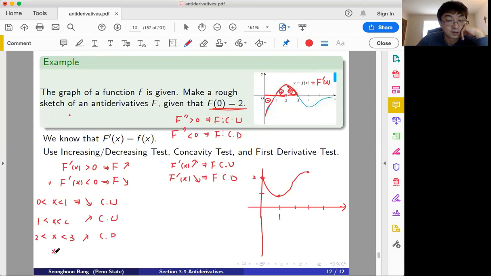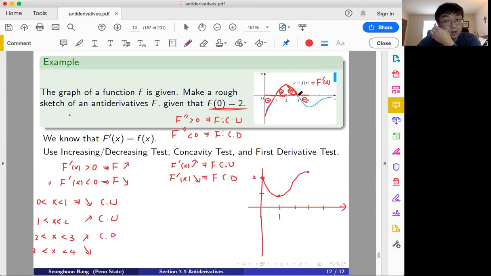Next, x from 3 to 4. Is this portion increasing or decreasing? The graph is decreasing because f is below the x-axis, so F prime of x is less than 0. Concave up or down?